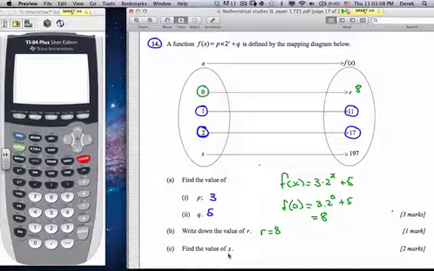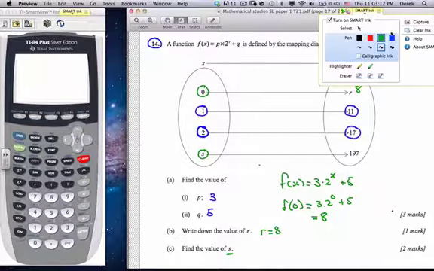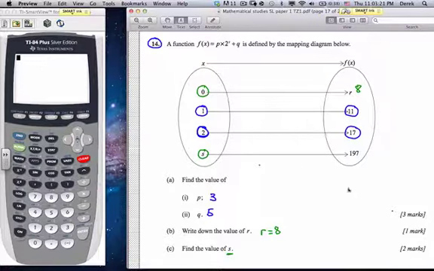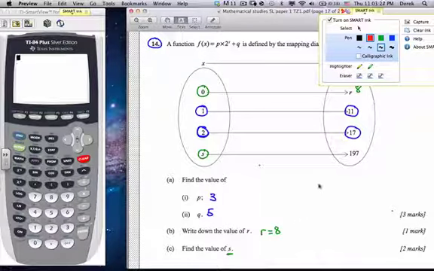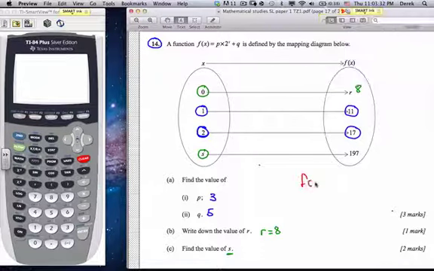And then find the value of s. Now here the x is the unknown, but we know what the final value is. So perhaps let me give myself space again to put this in. So now I'm going to have my f of x is equal to, as we know, it's 3 times 2 to the x plus 5.